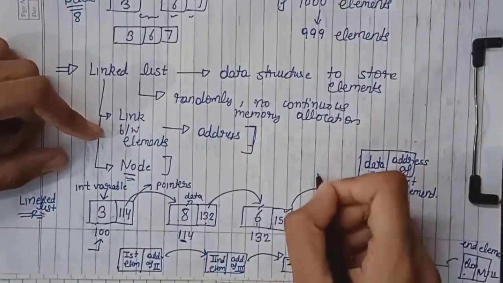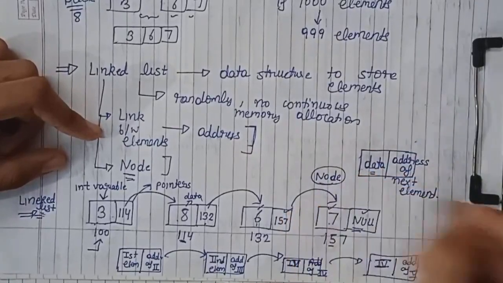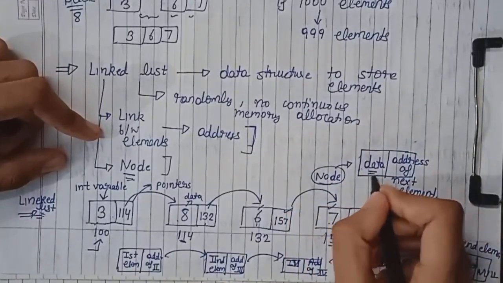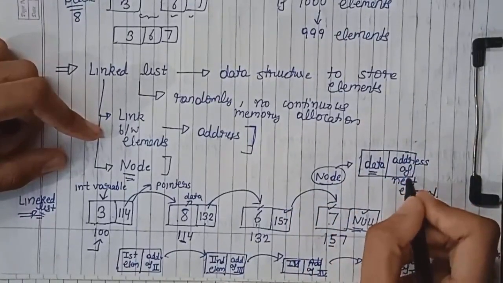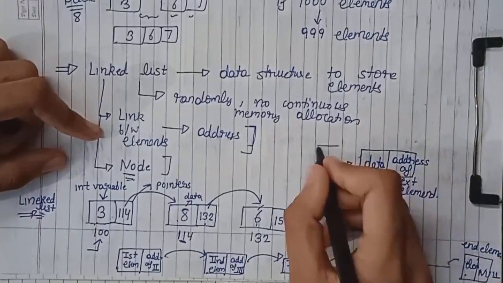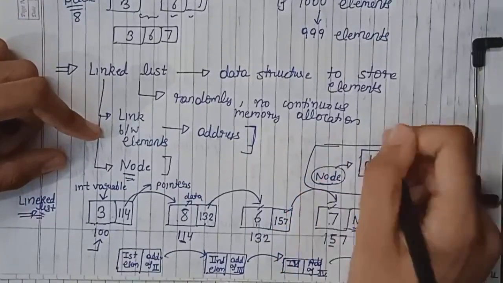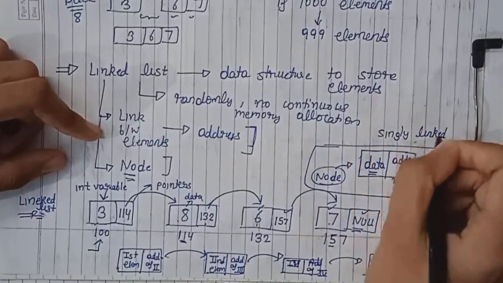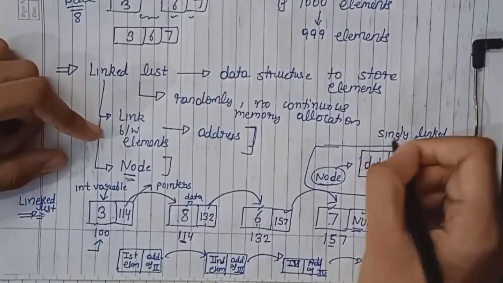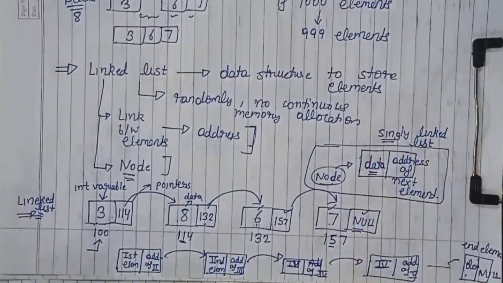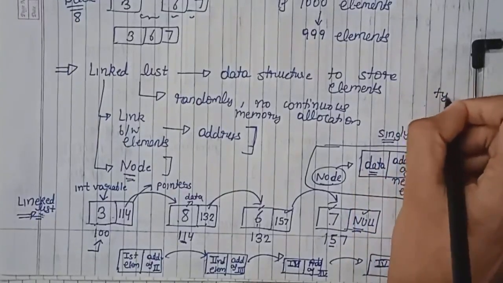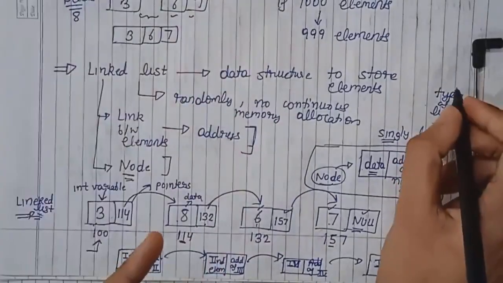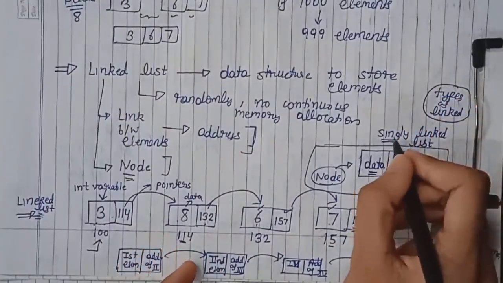So this is a node. So what is a node? Basically, a node is a structure which stores the data as well as the address of the next element, you can say for now. In case of a singly linked list, which we are covering today, don't focus on singly for now, because in the next session we will discuss the types of linked list, and there we will focus on singly and doubly.